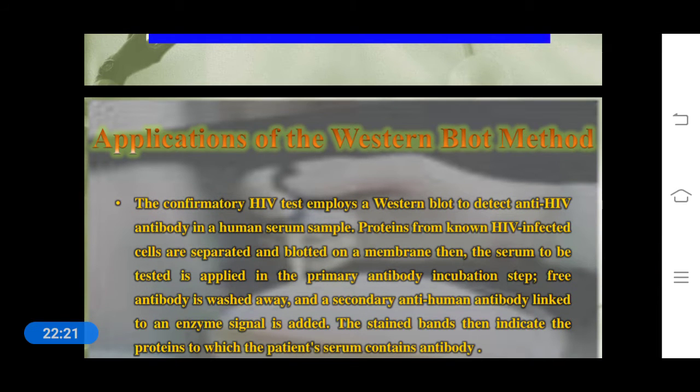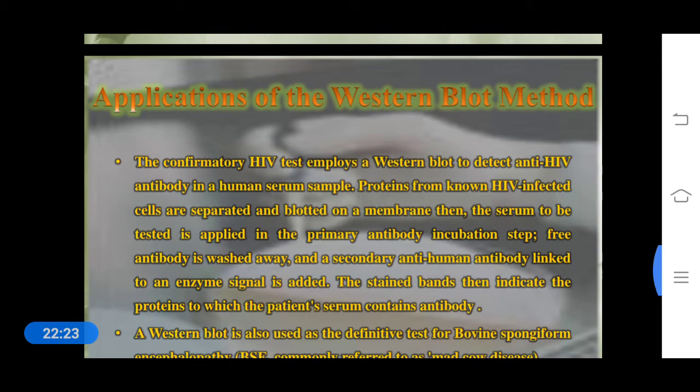If you see the applications of the Western blot method, the confirmatory HIV test employs a Western blot to detect anti-HIV antibody in the human serum sample. So this Western blotting method is meant for the identification of HIV.